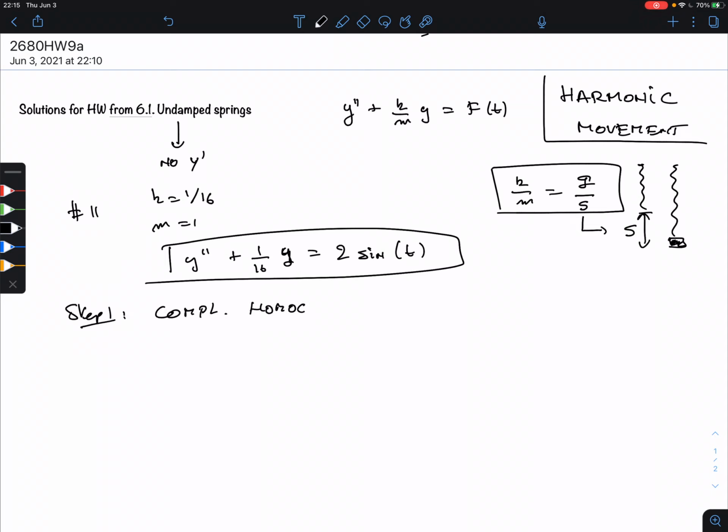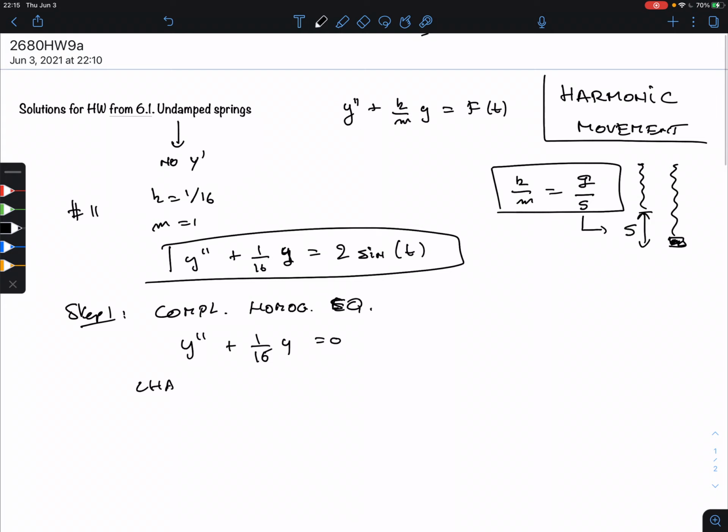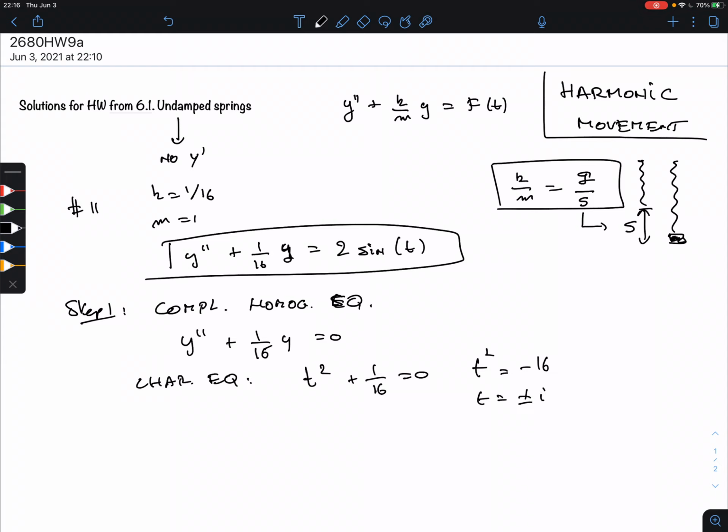That becomes y double prime plus 1/16 y is 0. So the characteristic equation, because we have constant coefficients, that's why we can do that: t squared plus 1/16 is 0. That means t squared is equal to -16, so t is equal to plus or minus i radical 16, so plus or minus 4i.